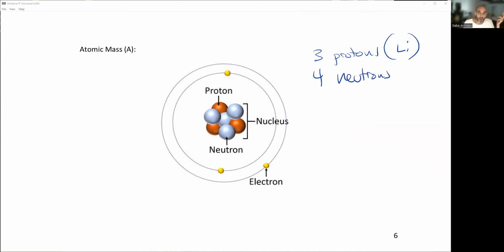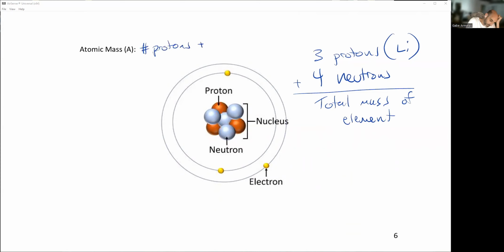These two things together are the total mass of the element, or the atomic mass. So the number of protons plus the number of neutrons equals the mass number.